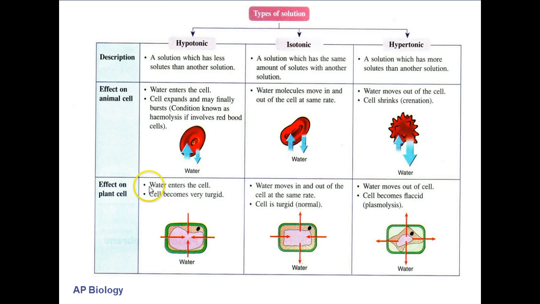So on a plant cell, certainly water would enter the cell for the same reason. Right? Larger concentration of water on the outside, lower on the inside. Now, what happens is because this cell has a cell wall, this big vacuole now fills up with water and the cell becomes turgid.